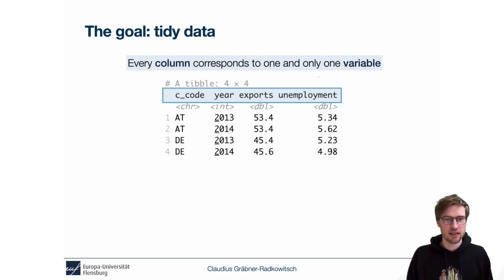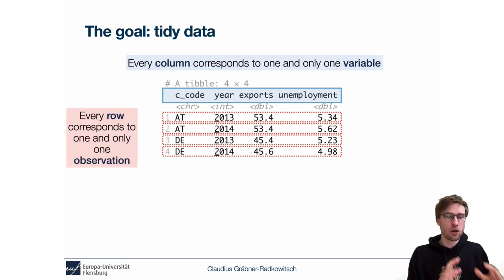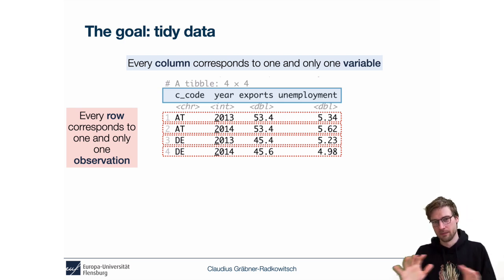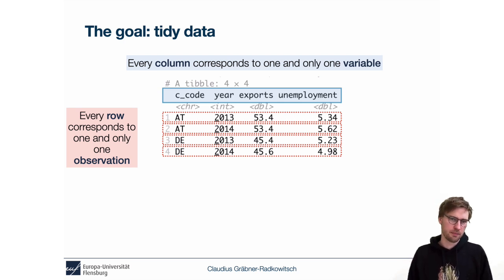The second demand every tidy data set needs to fulfill is that every row corresponds to one and only one observation. So in this case here, you see that the first row corresponds to an observation in Austria in the year 2013. Now, in this data set, it is obviously true that for each year there's only one observation. So the year is fully sufficient to determine the time of observation.